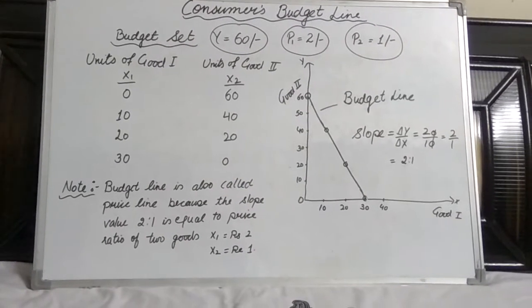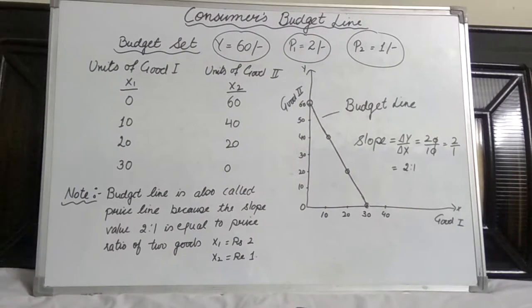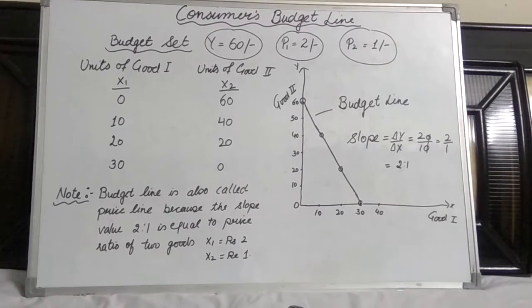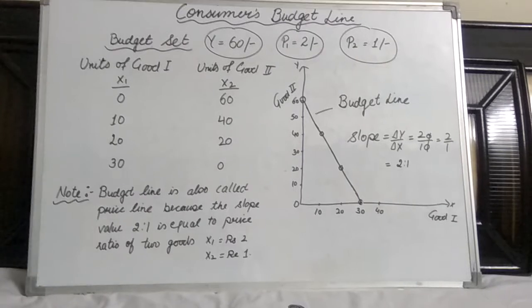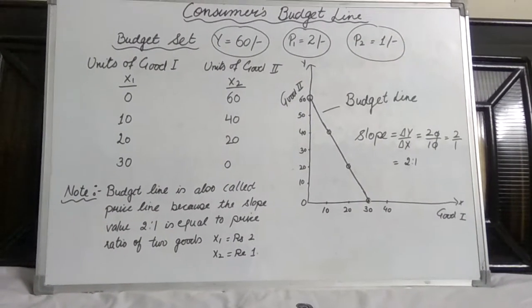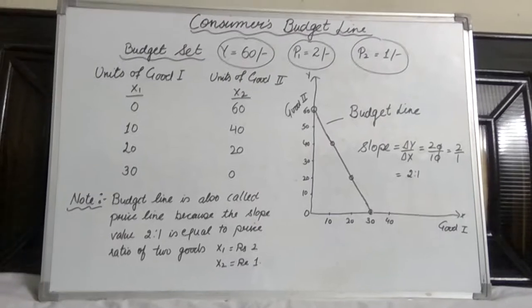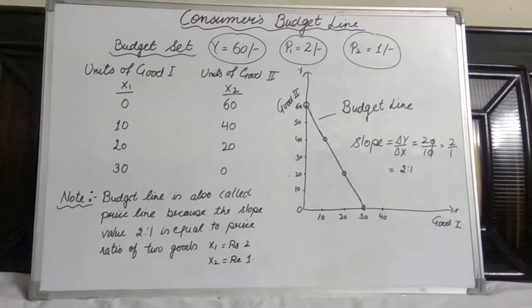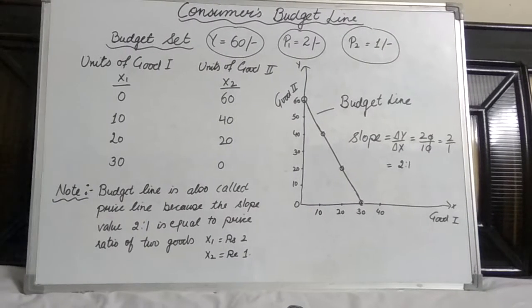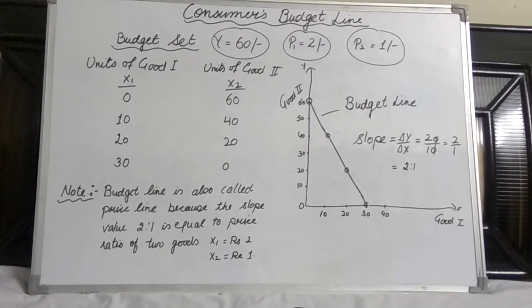Price of good 1 is rupees 2, and price of good 2 is rupee 1 only. And as per these amounts, the consumer has to plan his expenditure. So now the consumer has two goods to purchase and he has 60 rupees to spend.